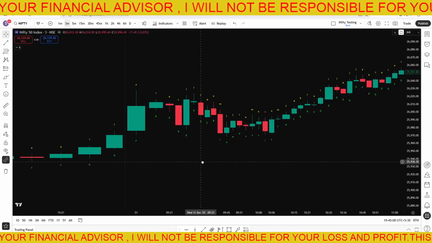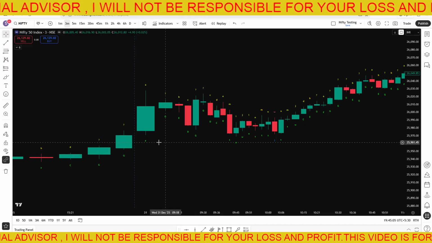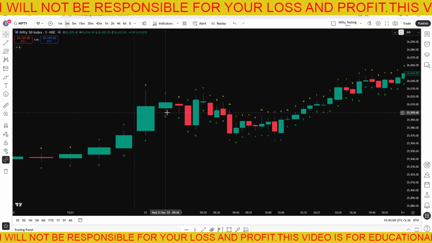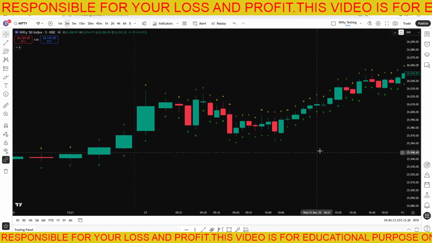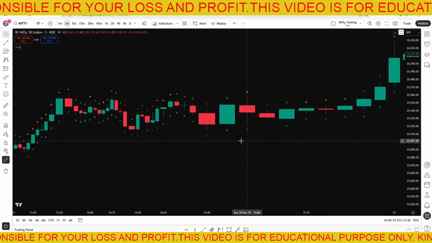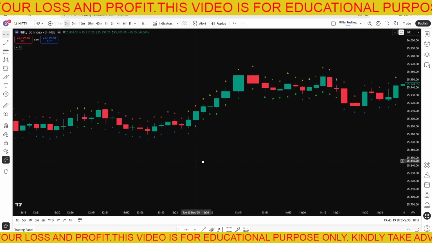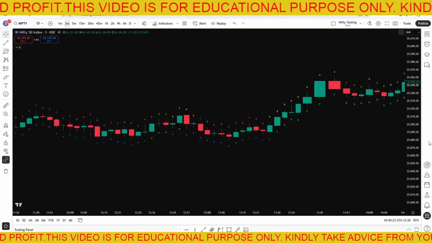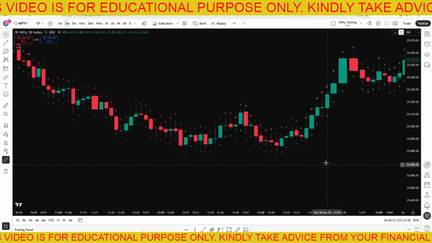What I have coded here: if the letter is capital and it is in green, then it means it is a bullish sign. We need to go long. Same way, if the letter is capital and in red, then it is bearish.